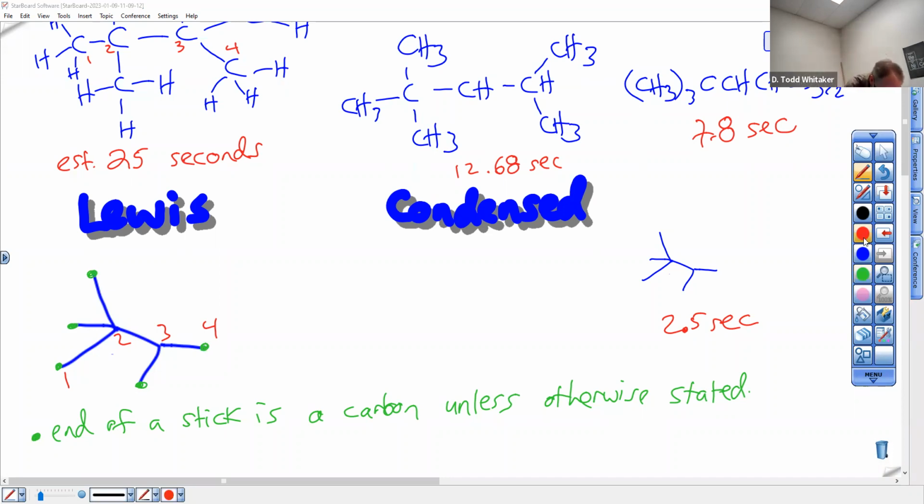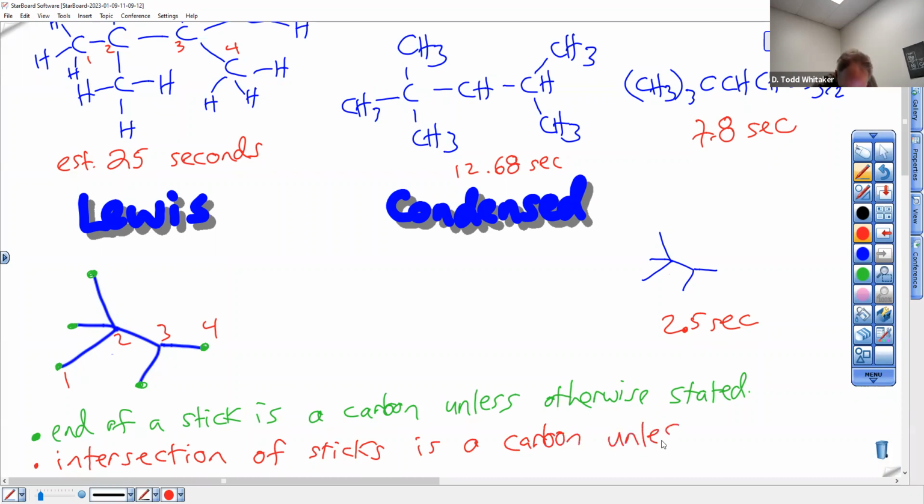Now, intersection of sticks. Is a carbon, unless otherwise stated. Better do an otherwise stated very soon.